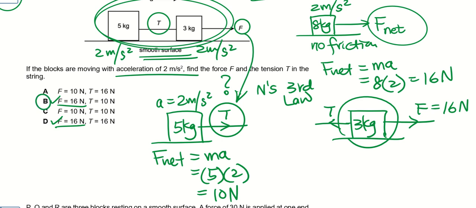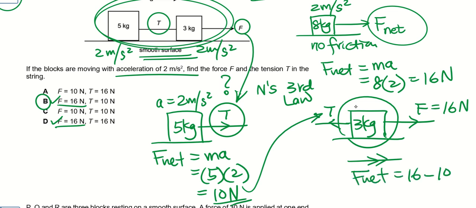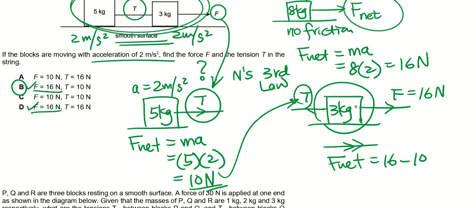But let us do a check. If T is really 10 Newton, that means the T that the 3 kg is experiencing is also 10 Newton. And if it is true, then the 3 kg will experience an Fnet of 16 minus 10, right? Because T and 16 Newton are in opposite directions.